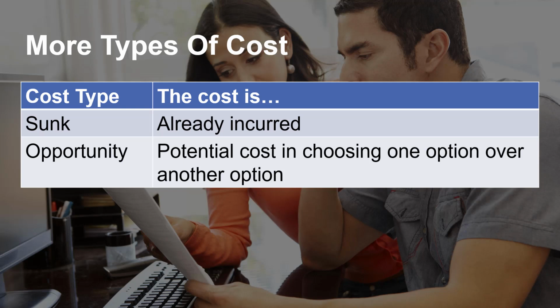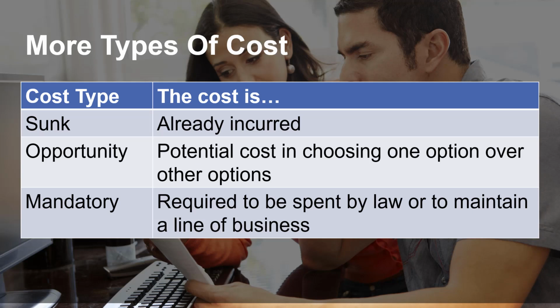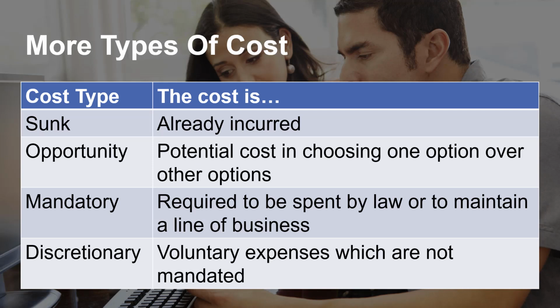Opportunity cost is the value of an alternative option that you did not choose. Mandatory costs are funds that you must spend, and discretionary costs, sometimes called discretionary spending, is money that you spend voluntarily. It is the opposite of mandatory.